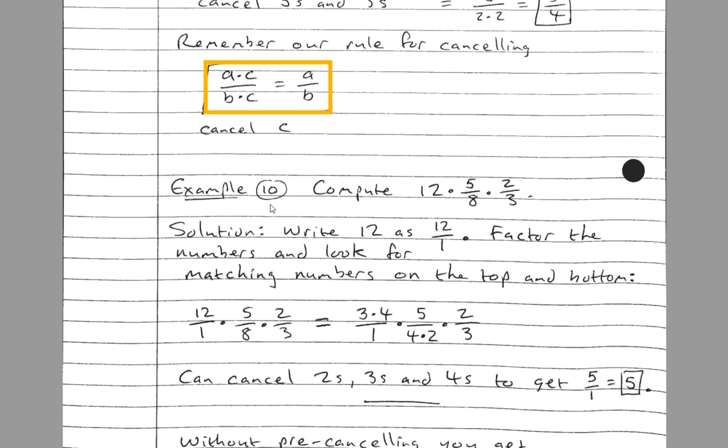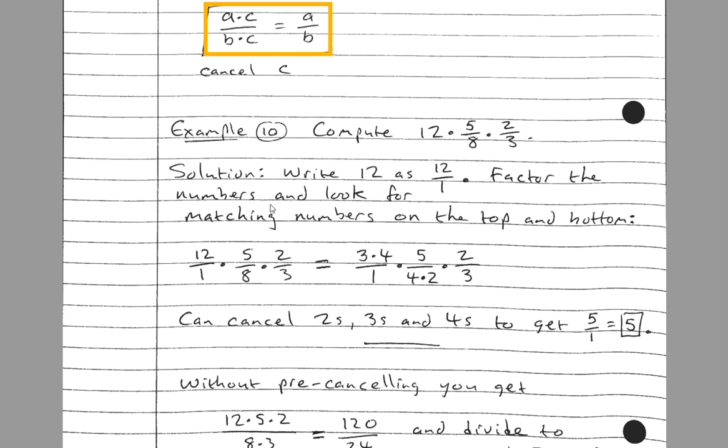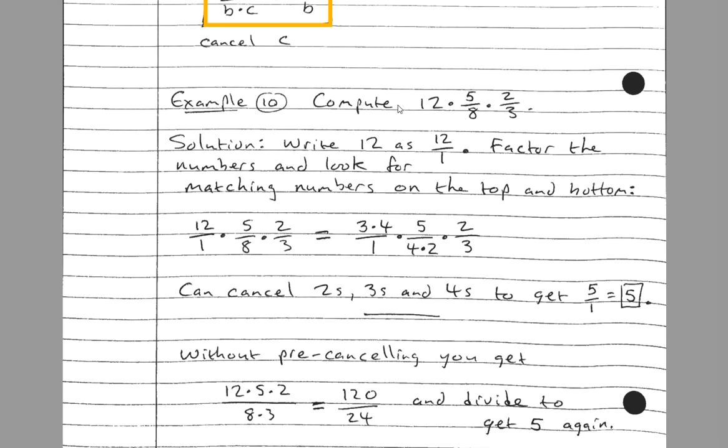Another example. Example 10, compute 12 times 5/8 times 2/3. And you remember that trick from last time: to convert 12 into a fraction, just write 12 over 1.